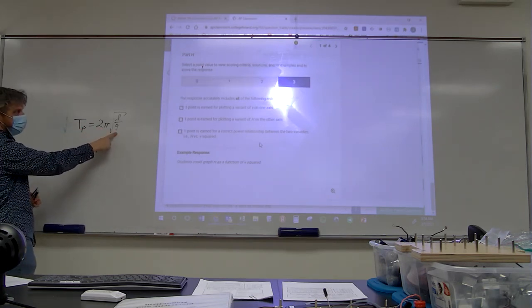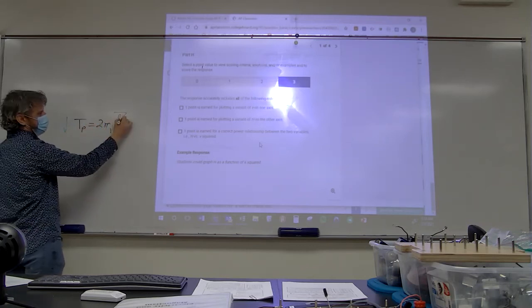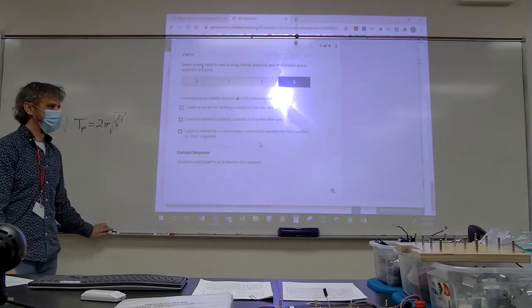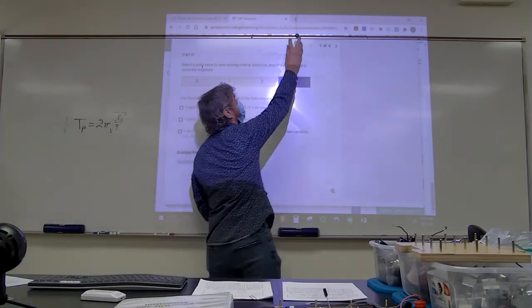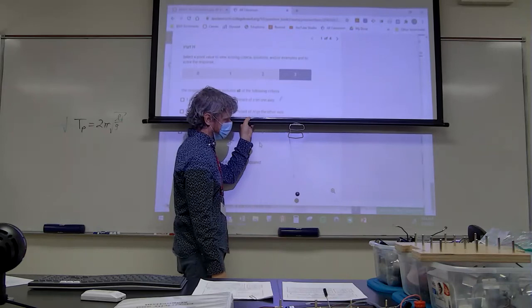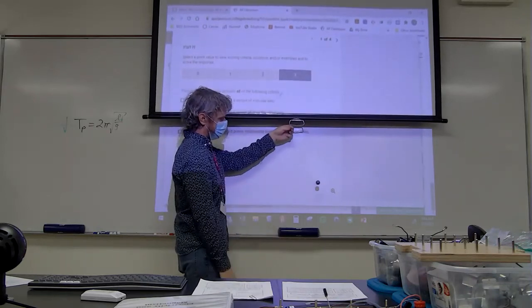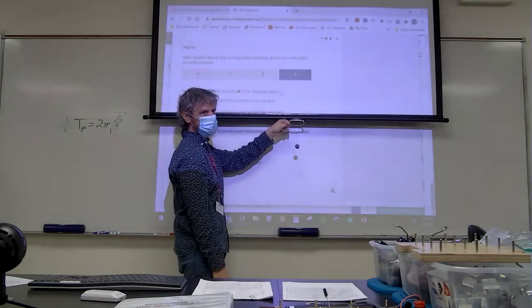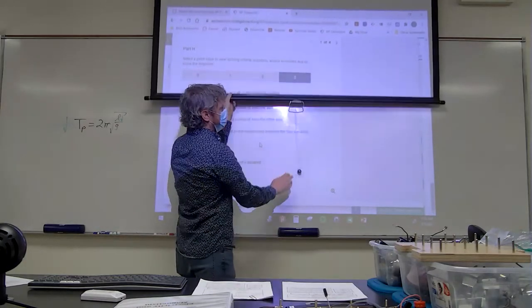G doesn't change. So if the period went down, then the length must have been shortened. Right? Shorten a pendulum. See right here, there's that period. That period. I shorten the pendulum length. Much smaller period.